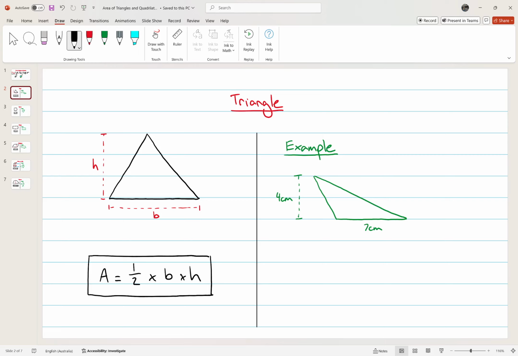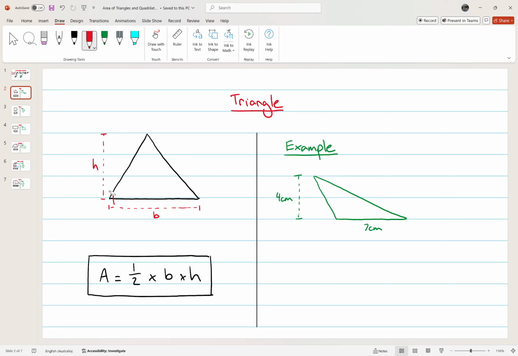The first formula we're looking at is the triangle, and with our triangle, all you need to know is the length of one of the sides. So we're just going to call that the base, and then also the height. One thing to note about these two measurements is that there needs to be a right angle between those two lengths.